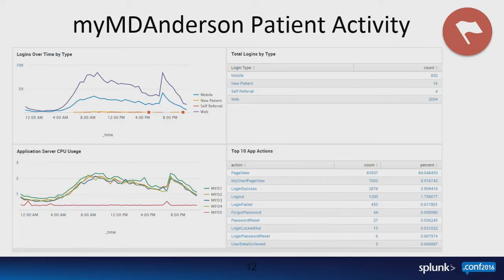In addition, one thing we did that came up shortly after the go live was we wanted the people who support our patients. We have a help desk called Ask MD Anderson, and patients can call, prospective patients can call and ask questions about us. One thing they do is support people who are having login problems to My MD Anderson.